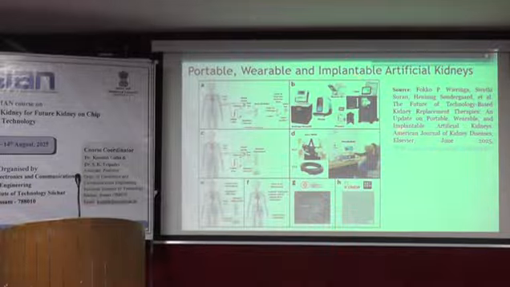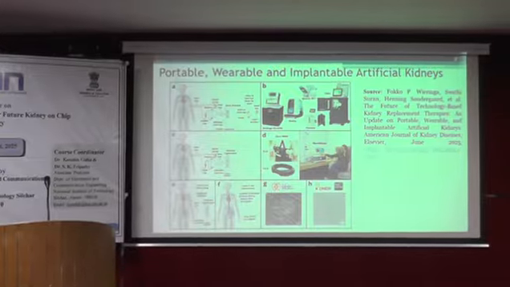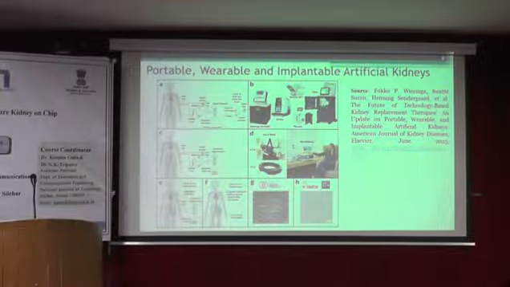For that particular reason, the development of portable devices is required, and usually they divide these portable devices into two generations. The first generation was more or less bulky, though not as big as the conventional hemodialysis apparatus that you can see in the hemodialysis center. Usually it weighed about 10 to 15 kilograms.